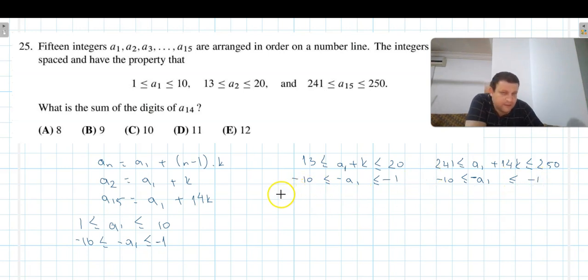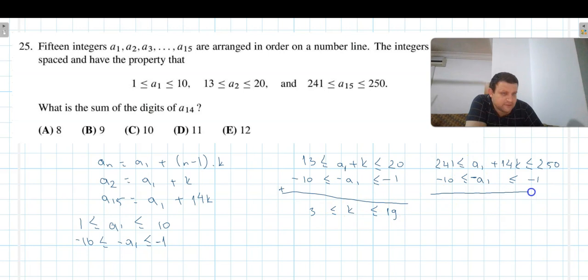So when we add them together, K will be between 3 and 19 in this case.